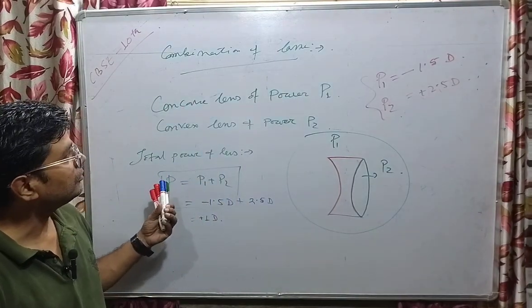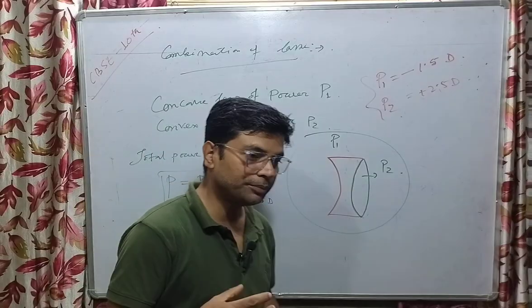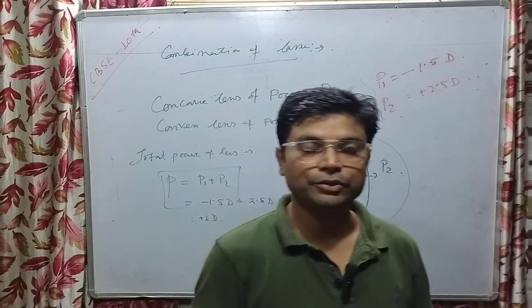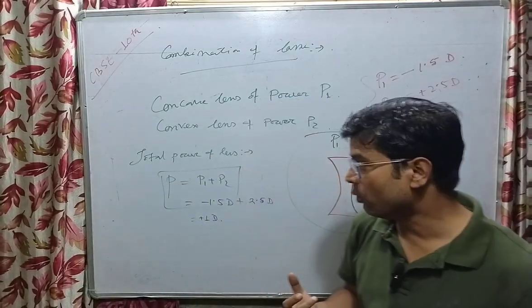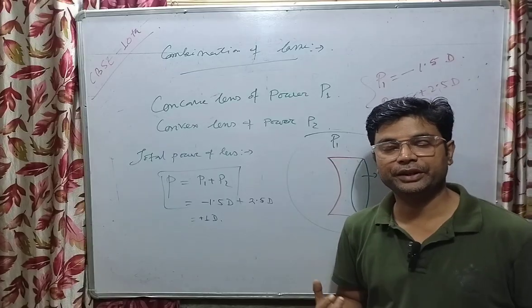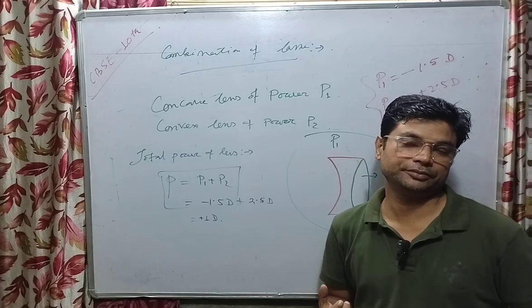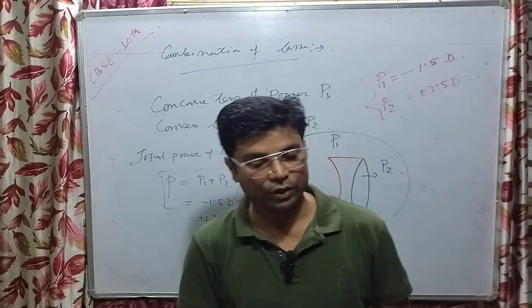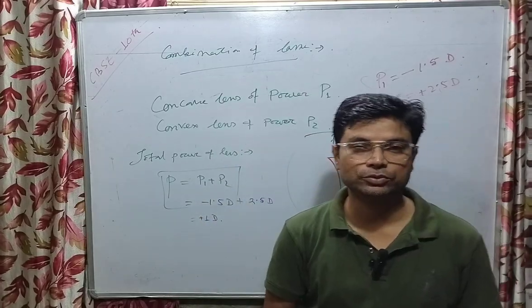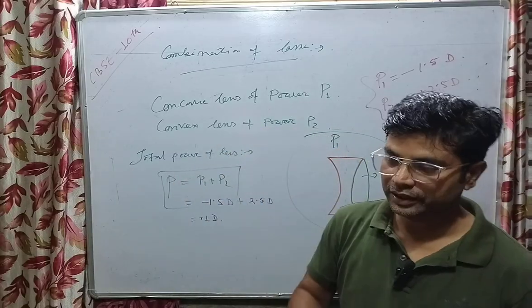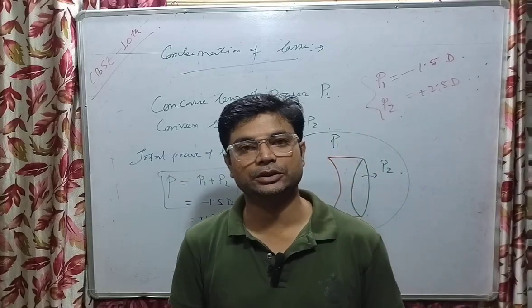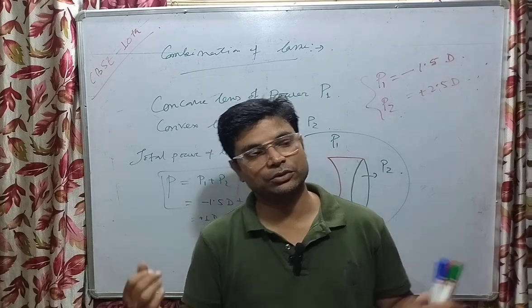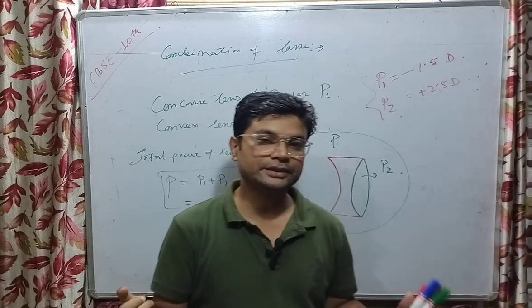And students, you have to do different types of numericals from different books at home. I hope this video will help you to understand power of a lens and power of combination of two different lenses or three different lenses like this.